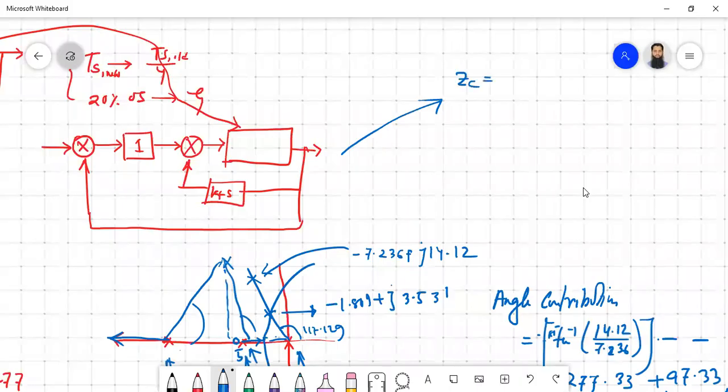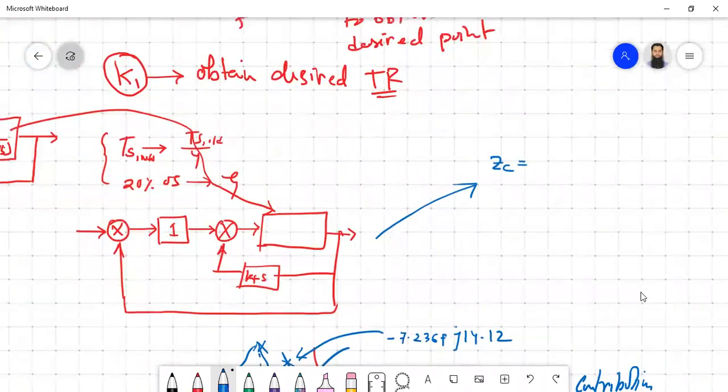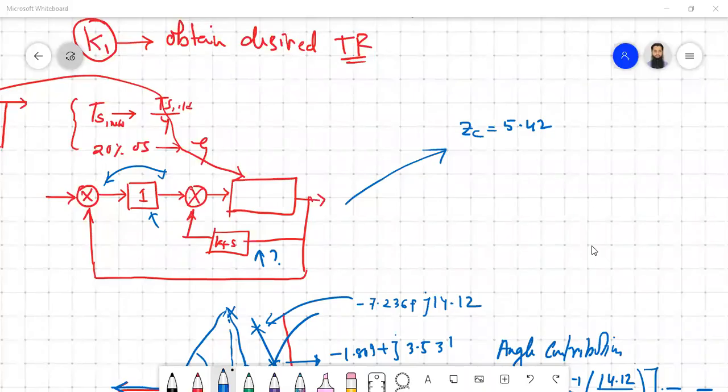The location has to be at minus 5.42, so ZC location has to be minus 5.42. Then how do we find out what should be the transfer function here? This is what we are trying to do. For that we have to simplify it a bit. We figured out what should be the value of ZC. Now we have to simplify this block diagram a bit.